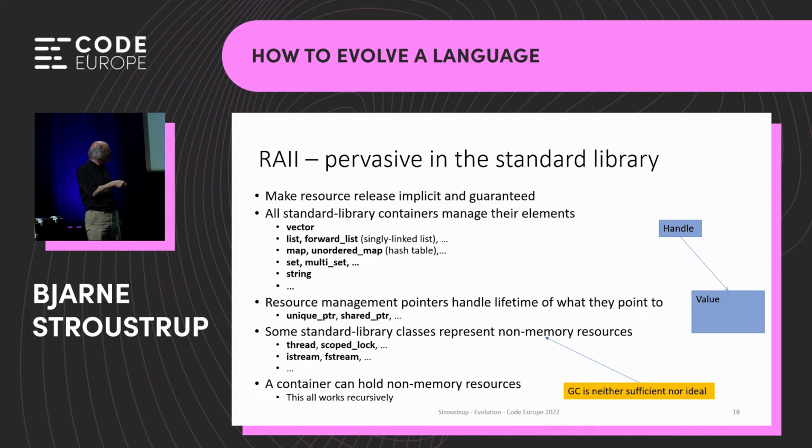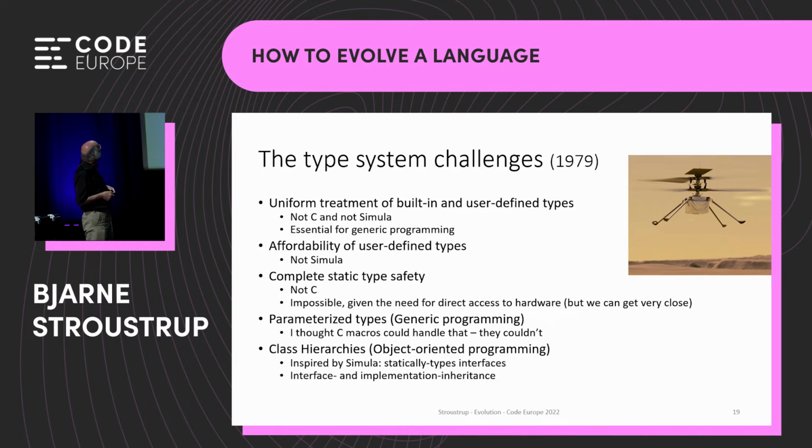So garbage collection is neither sufficient nor ideal, and that's my answer to why C++ doesn't have garbage collection. It's a good language for writing a garbage collector in, for applications where that is appropriate, but this is not it. So the type system has been a constant challenge.